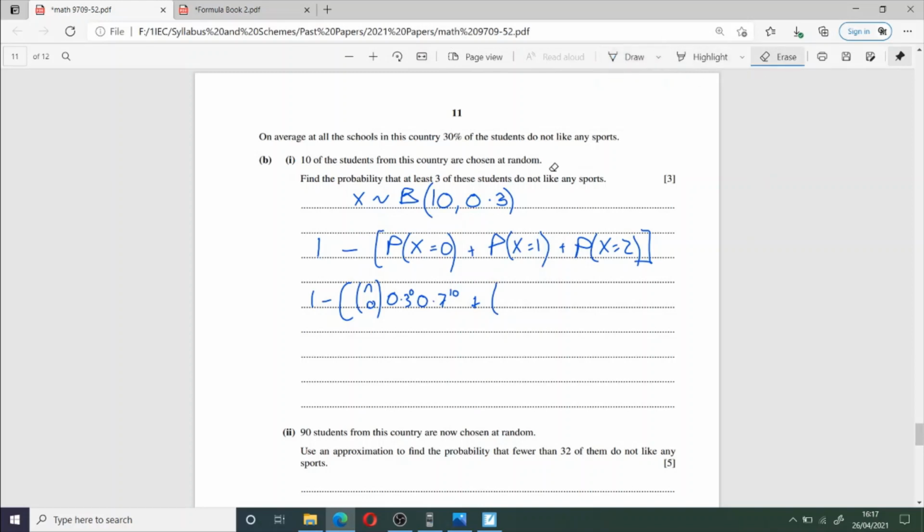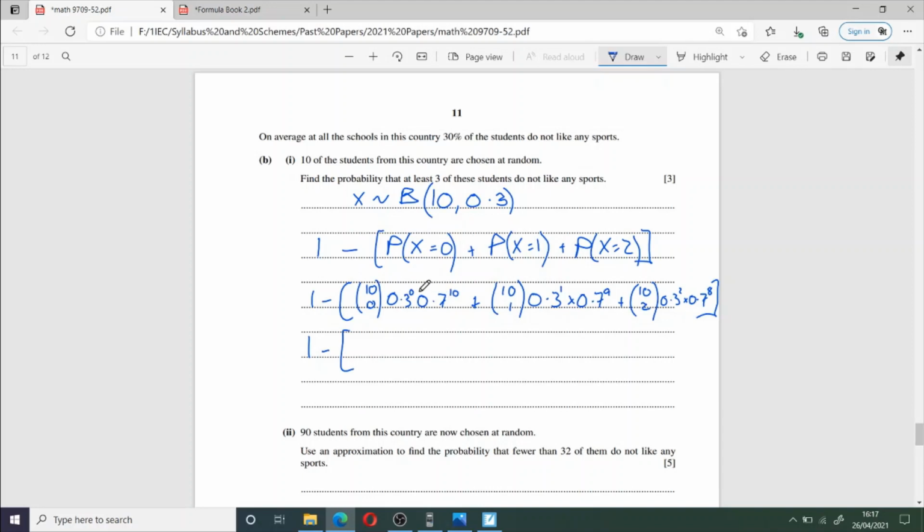Now I shouldn't be writing n, I know what n is, it's actually 10, let's fix that. 10 choose 1 times 0.3 to the power of 1 times 0.7 to the power of 9, plus 10 choose 2, 0.3 squared times 0.7 to the power of 8.